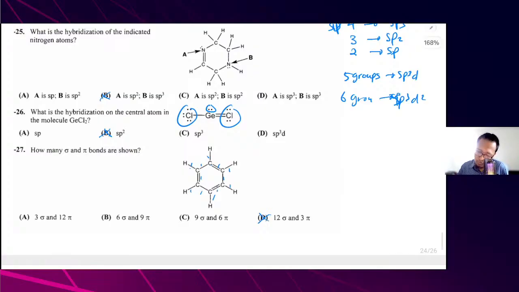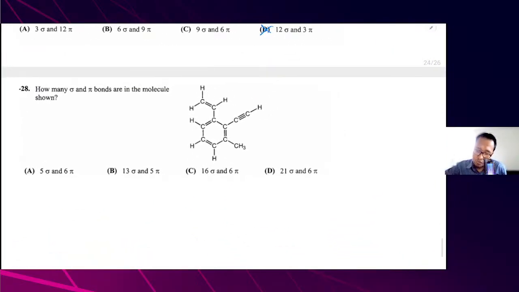So the answer will be G. How many sigma and pi bonds are in the molecule shown? Let's take a look at pi first. 1, 2, 3, 4, 5. It will be 5.